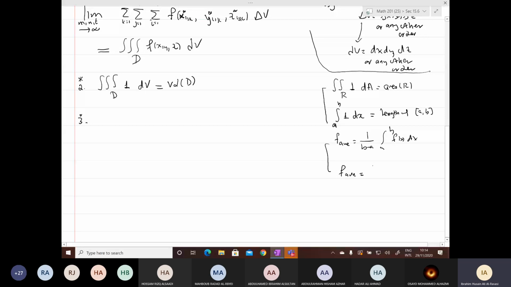It is 1 over the area of R times the double integral over R of f(x, y) dA. This is the average value for a function of 2 variables, and for a function of 1 variable. Now what is the average value for a function of 3 variables? What will it be?